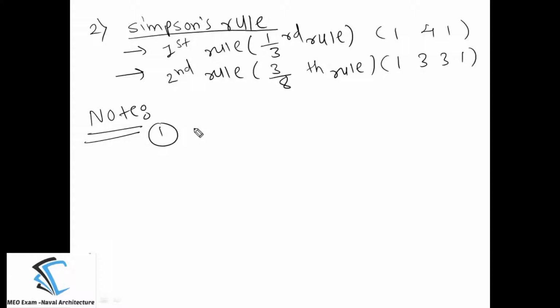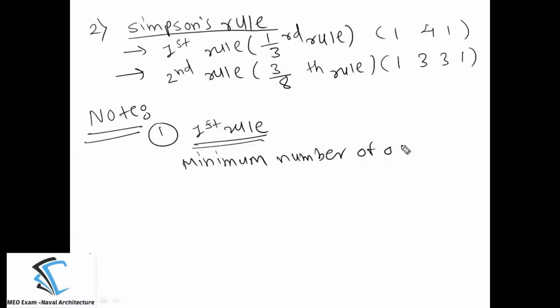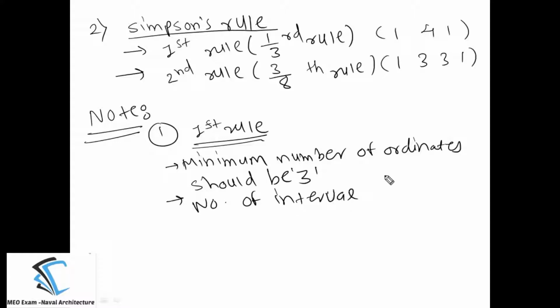If you want to use Simpson's first rule, the minimum number of ordinates should be 3, and the number of intervals is completely divisible by 2.